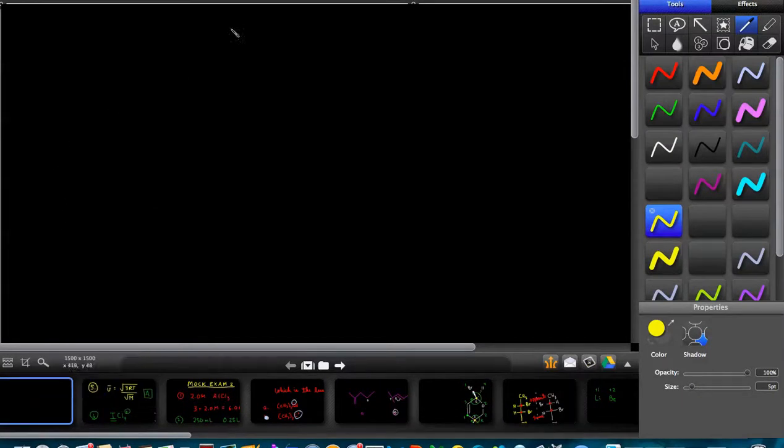Moving on to number 9. We have equal molar amounts of helium and oxygen at 445 K. We know the kinetic energies are the same.